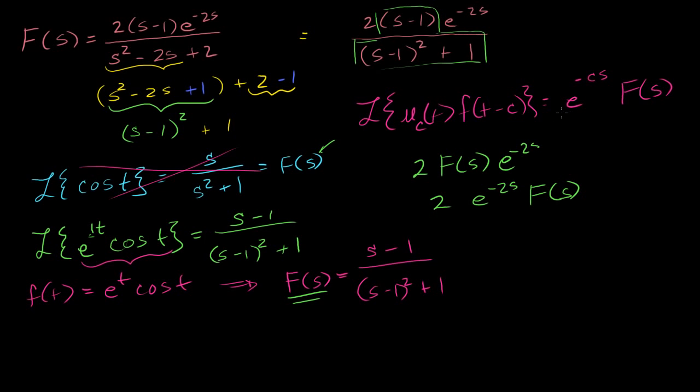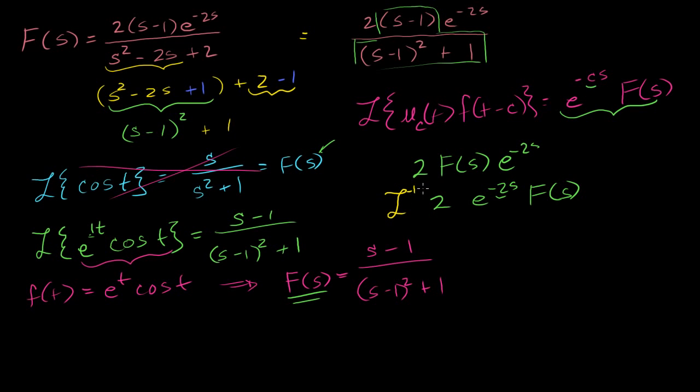Well, that looks just like this if our 2 was equal to our c, right? So what does that tell us? That tells us that if we take the inverse Laplace transform, and let's ignore the 2, well, we could just do the inverse Laplace transform of the whole thing.